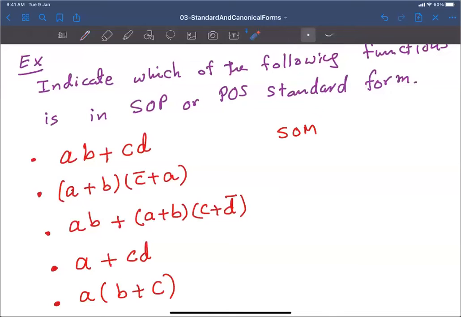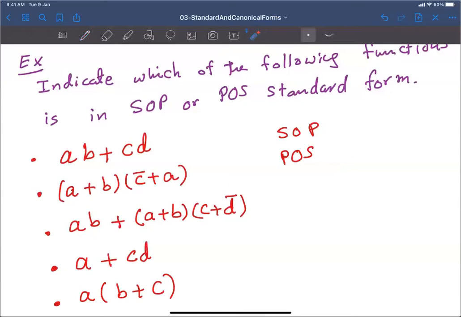Excellent. What about the second one? Product of sums. Because we have a sum here which is ANDed with another sum here.